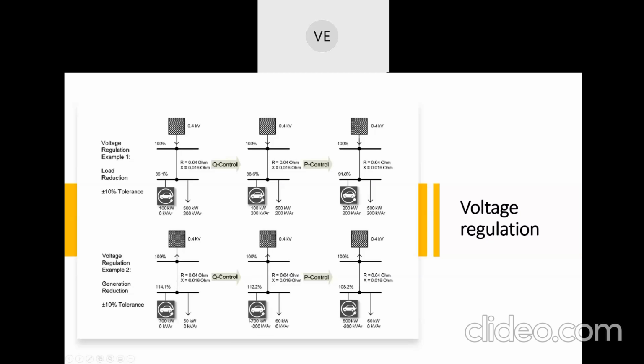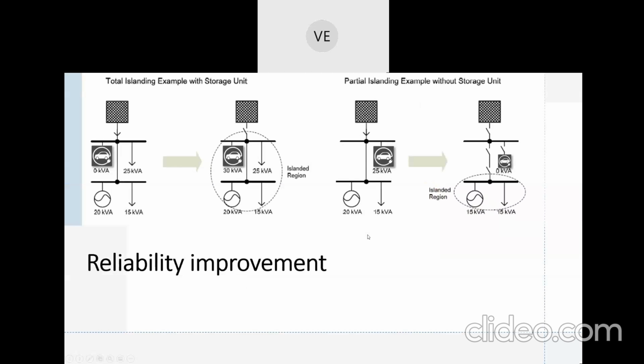Now this 700 kilowatts of active power is reduced to 500 kilowatts. So some more electric vehicles are removed from the discharging mode. They can be moved to the charging mode also. Because of this 500 kilowatts, the local node voltage profile is reduced to 108.2%, which is well within the tolerance limit.